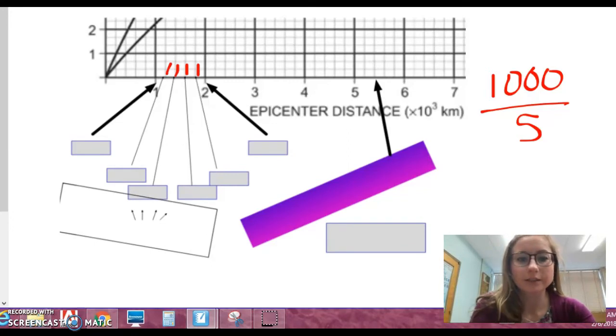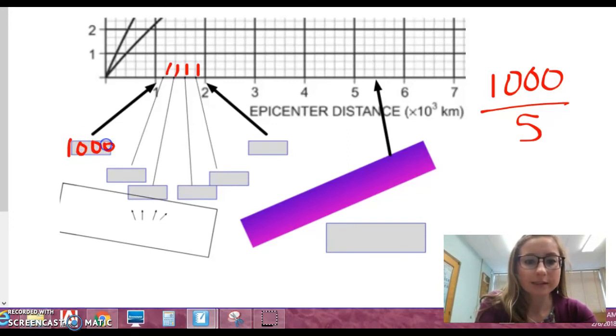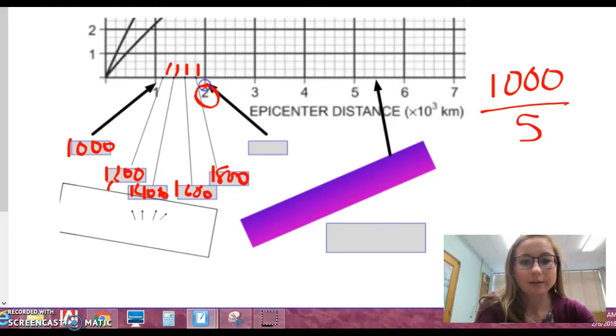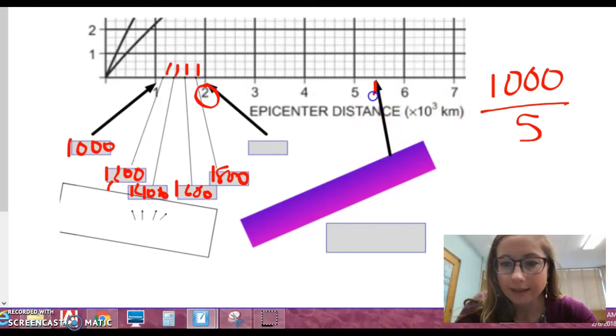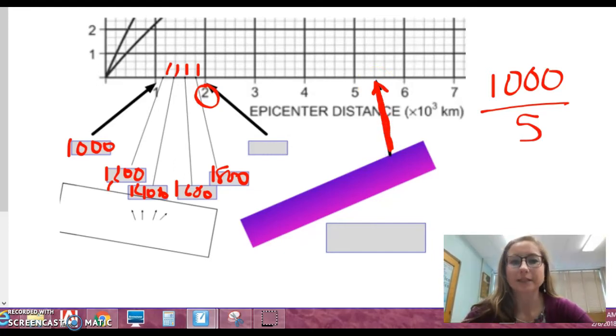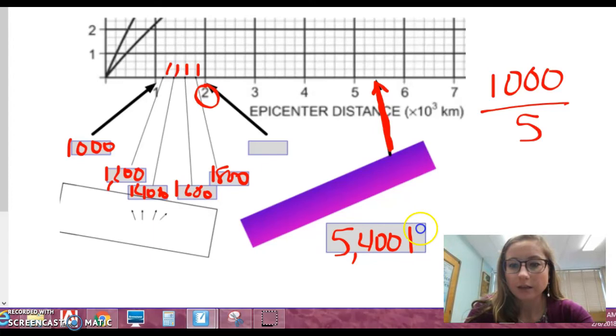So each segment, starting with 1,000, would then be 1,200, 1,400, 1,600, 1,800, until we got up to 2,000 here. So what would this location be right there? How far is that from the earthquake epicenter? If you said 5,400 kilometers, then you are correct.